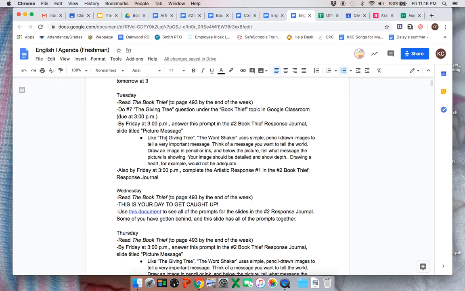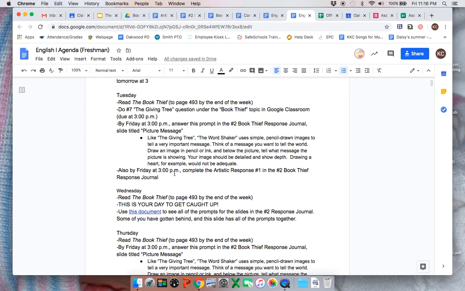Like the Giving Tree, the Word Shaker uses simple pencil-drawn images to tell a very important message. Think of a message that you want to tell the world. Draw an image in pencil or ink, and below the picture, tell what message the picture is showing. Your message should be detailed and show depth. Drawing a heart, for example, would not be adequate. Okay? So that is due.